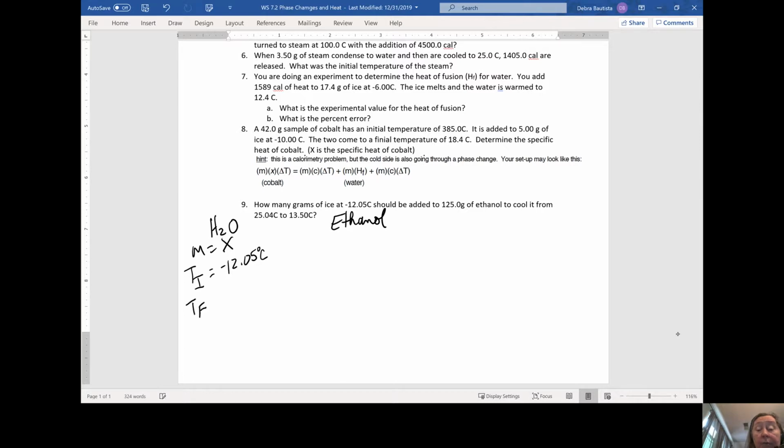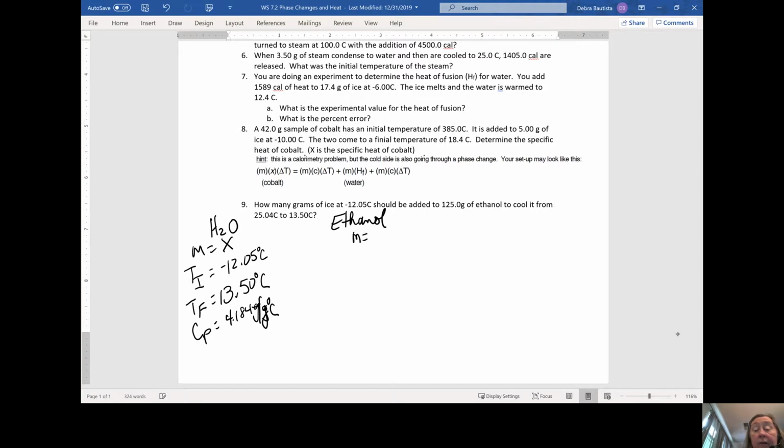Temperature final is going to be 13.50 degrees Celsius. And we know C sub P for water is 4.184 joules per gram degree Celsius.